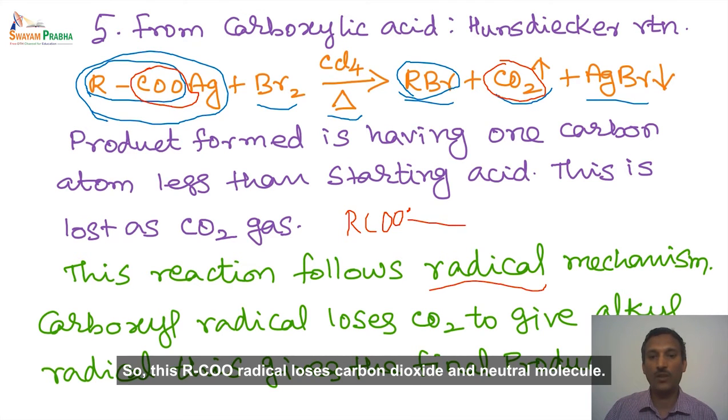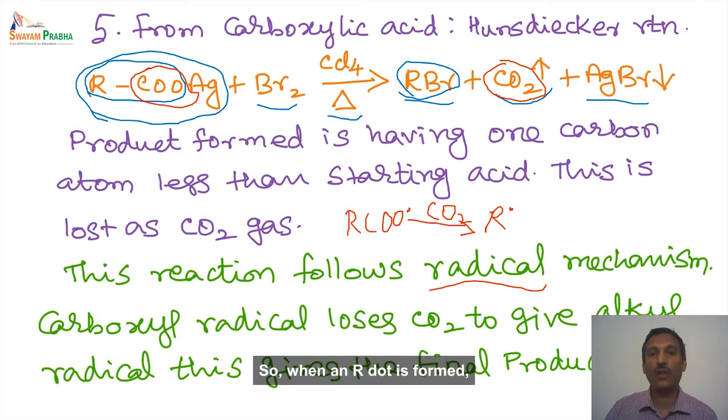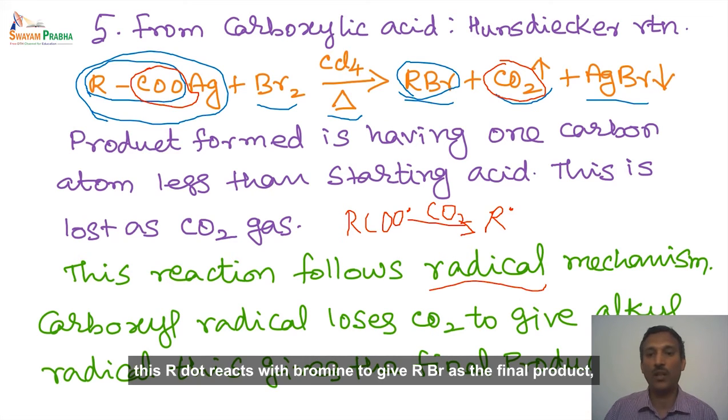This RCOO radical loses carbon dioxide, a neutral molecule, which gives an alkyl radical, R dot. When R dot is formed, it reacts with bromine to give RBr as the final product, and that also produces another bromine radical.